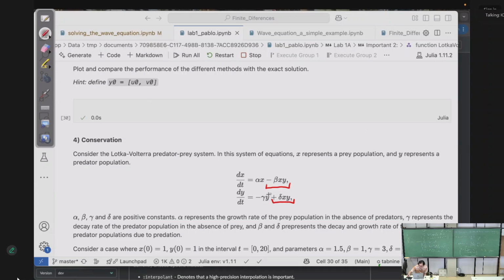So the predators decrease the amount of prey and the prey increase the amount of predators. And all these constants need to be positive, okay? So this is what we are trying to evolve here.